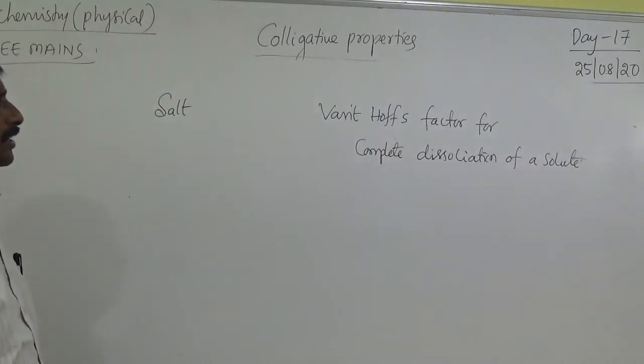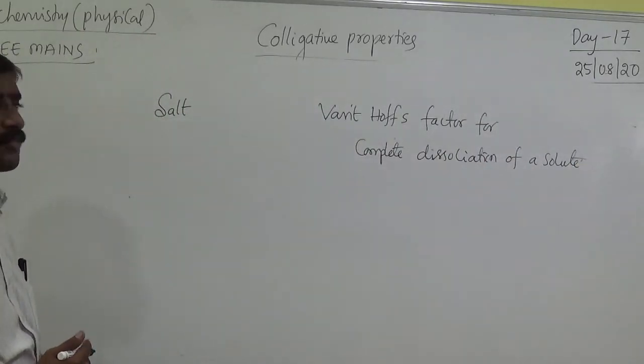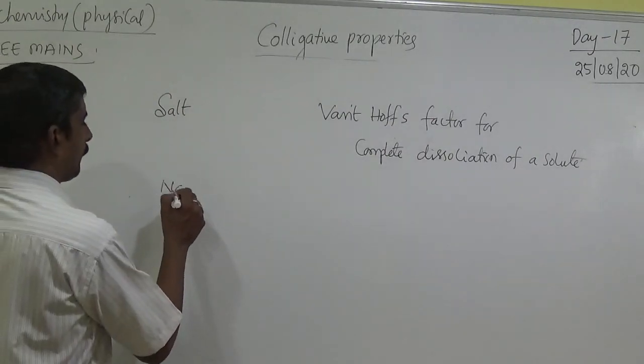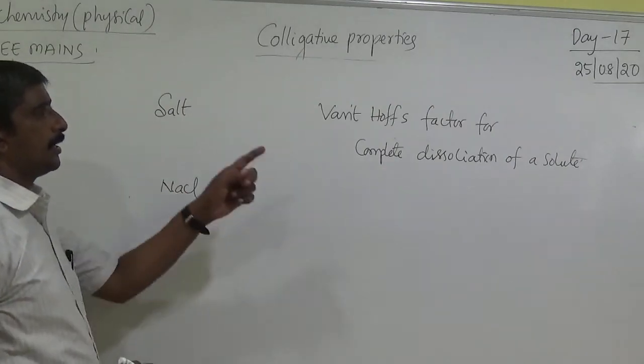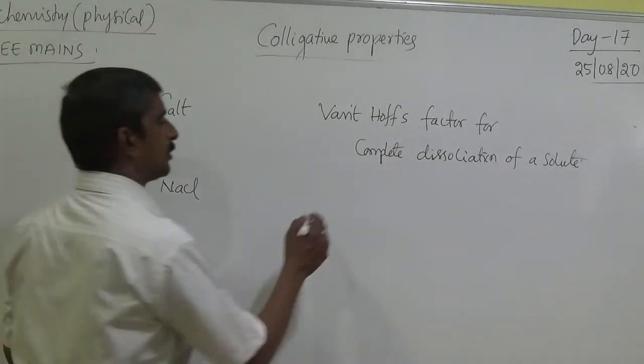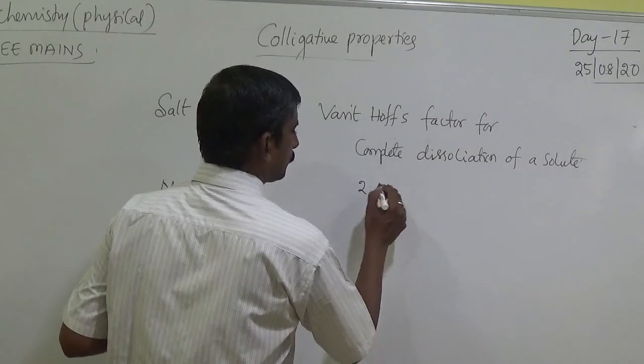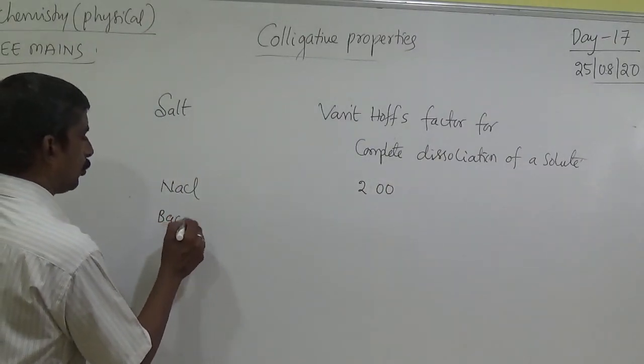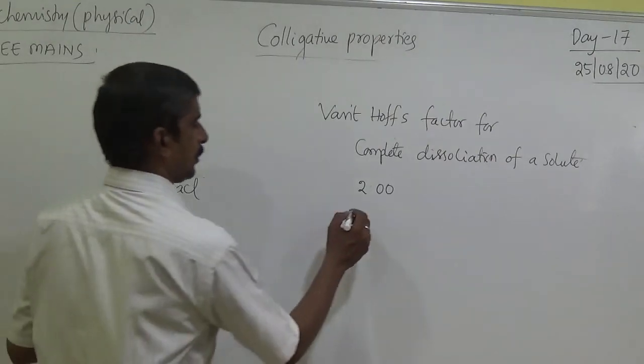Salt van't Hoff factor for complete dissociation of a solute. For example, NaCl. Here how many particles? So 2. That means like that. Okay, next, BaCl2, 3 particles like that.